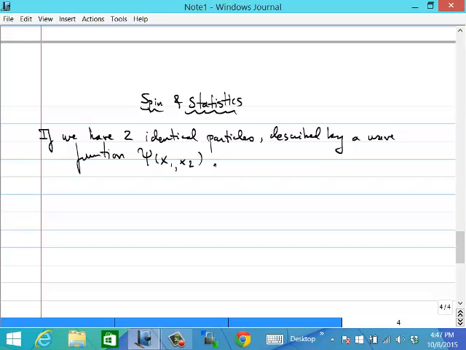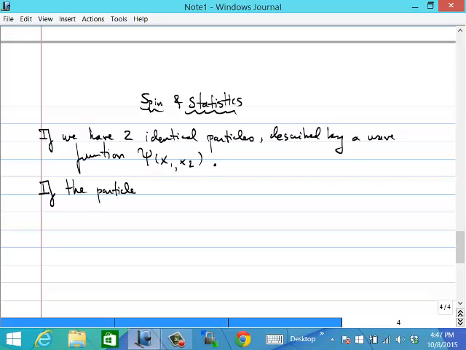Now, if these two particles are identical, then you would say that the wave function should not change if you swapped x1 and x2, okay, if you interchange the two particles. So, indeed, if that's the case, then we have a special name for that kind of particle. We call it a boson.